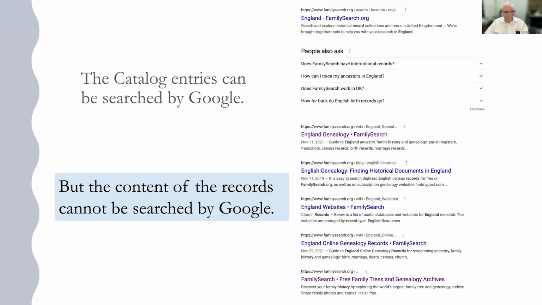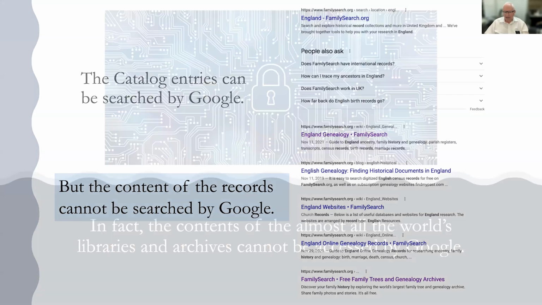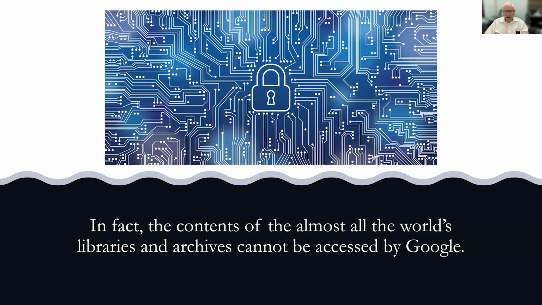But there are many more millions of rolls of microfilm out there that perhaps are waiting to be digitized. In fact, the contents of almost all the world's libraries and archives can't be accessed by Google.